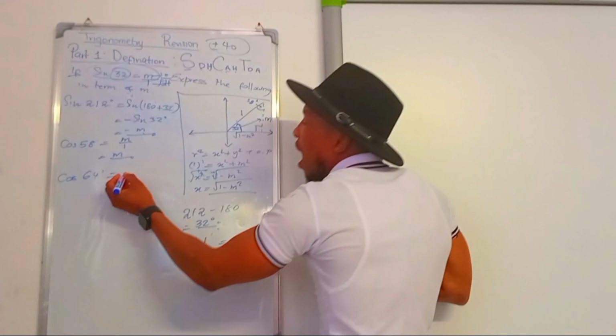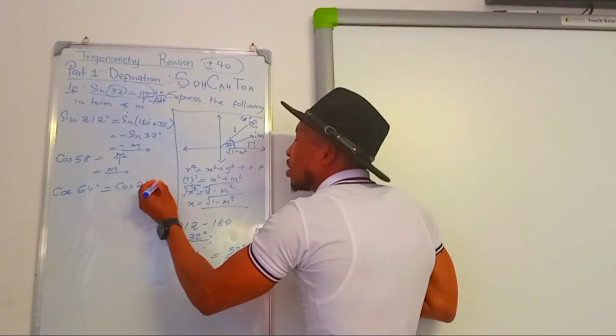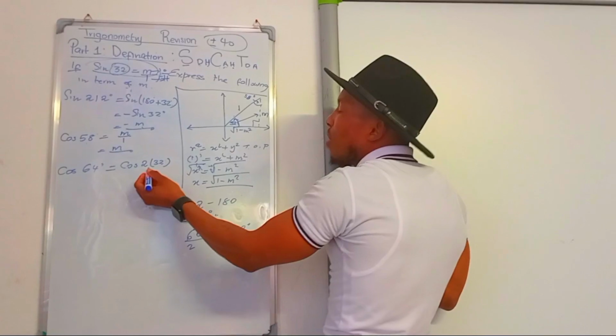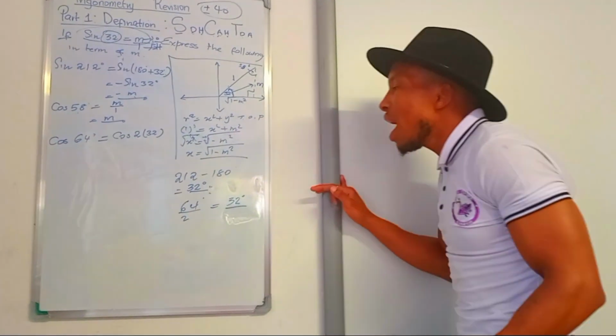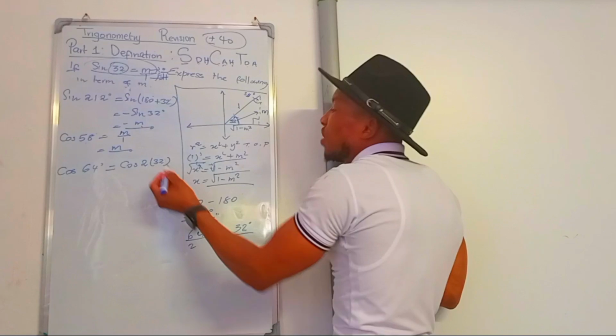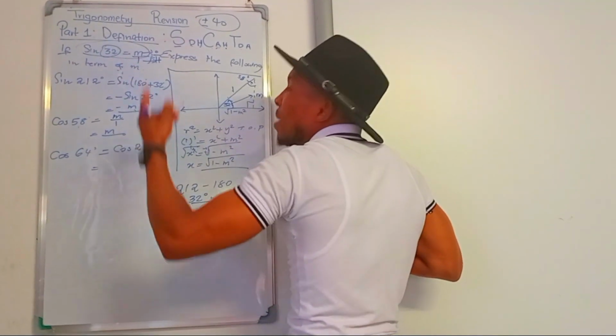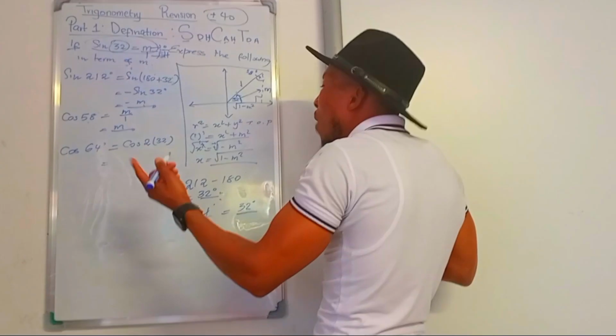That means we have 2 times 32 degrees. Therefore, it comes out as a double angle of 32 degrees. Then you can change this one to any equation, because it's just question 1. Okay?